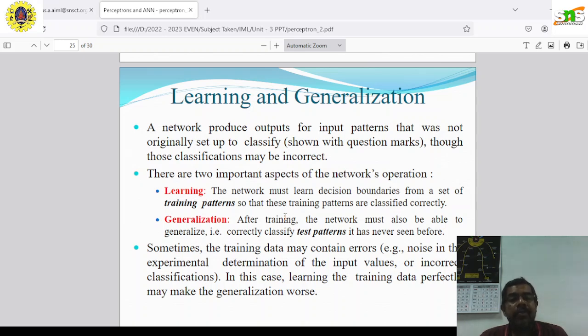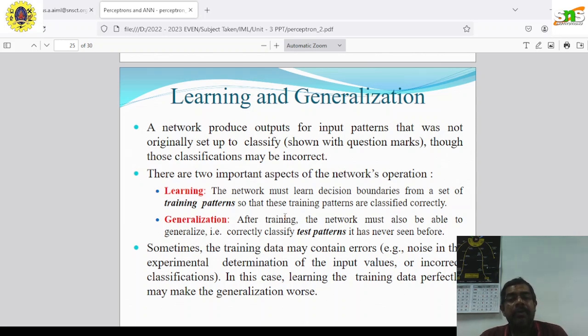Learning means the network must learn decision boundaries from a set of training patterns, so that these training patterns are classified correctly. And in generalization, after training, the network must also be able to generalize, that is, correctly classify test patterns it has never seen before.